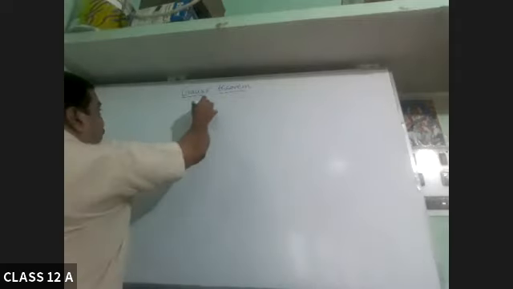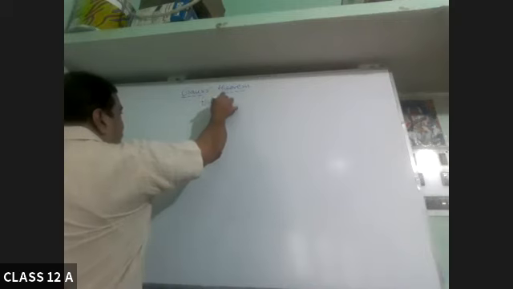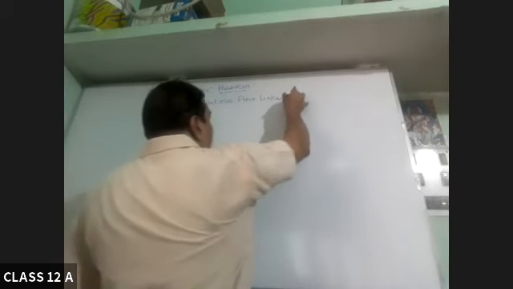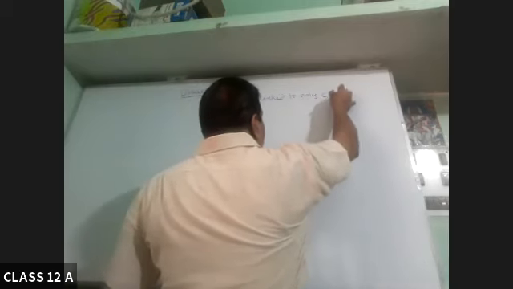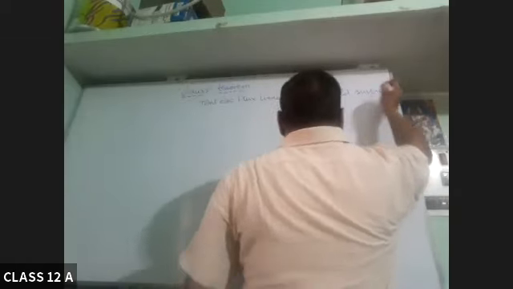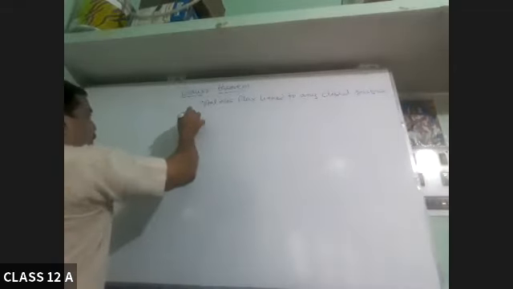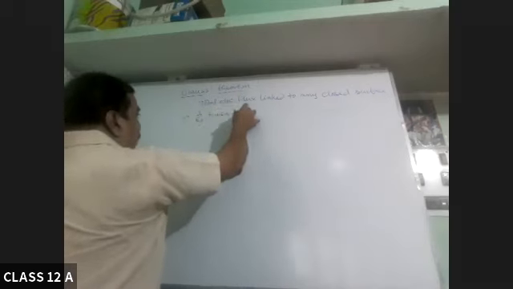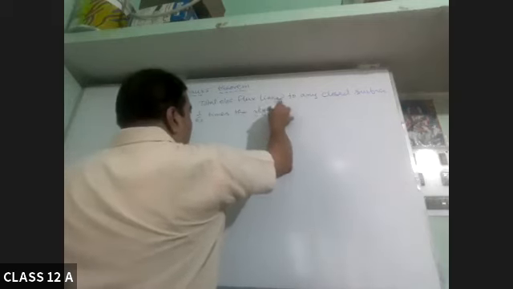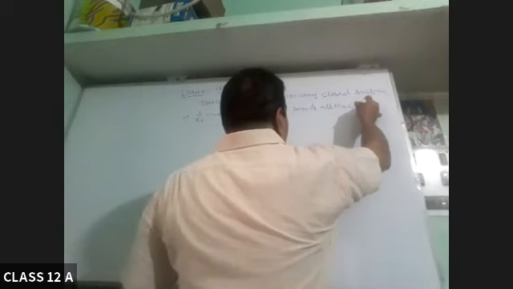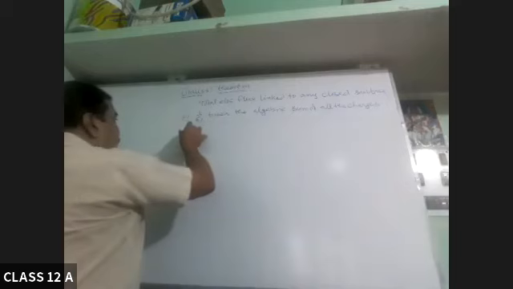This theorem says the total electric flux linked to any closed surface is 1 by epsilon naught times the algebraic sum of all the charges enclosed by it.